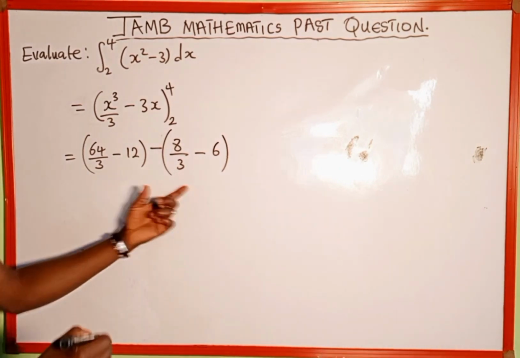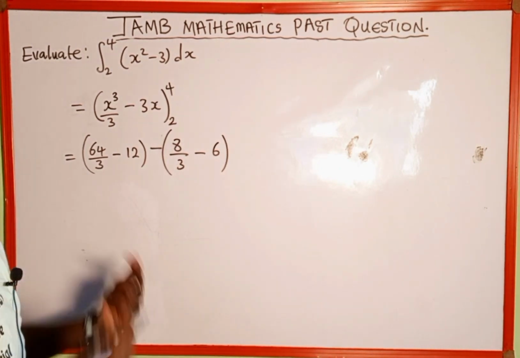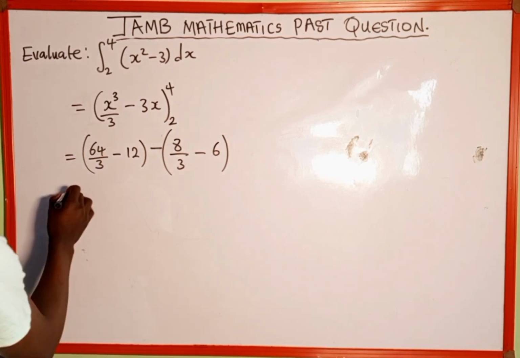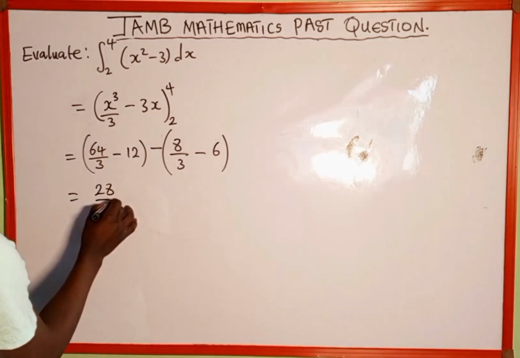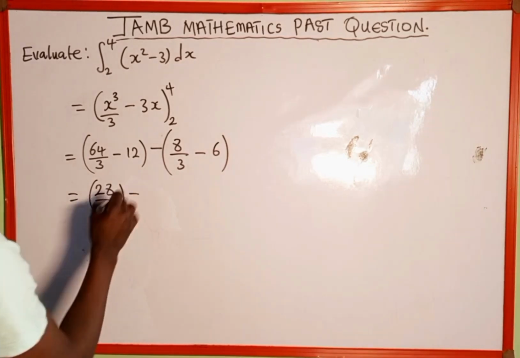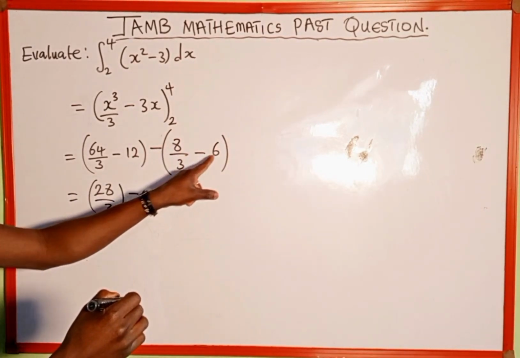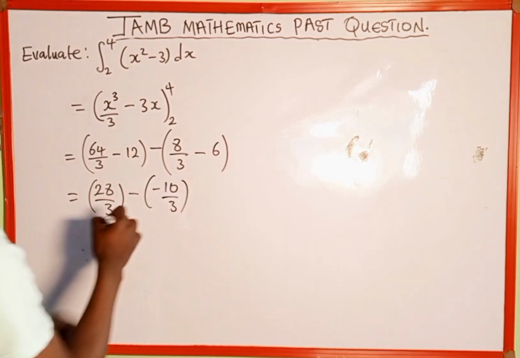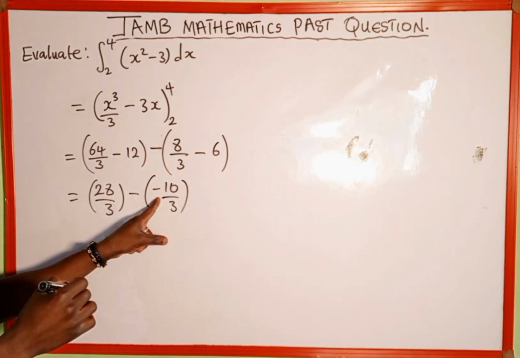Now we can simplify this by finding the LCM, or you can press the calculator directly. 64 divided by 3 minus 12 gives us 28 over 3, then minus 8 over 3 minus 6 gives us negative 10 over 3. Remember, this negative is going to affect this negative.